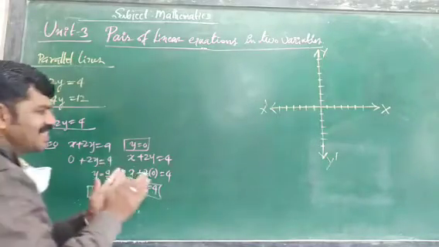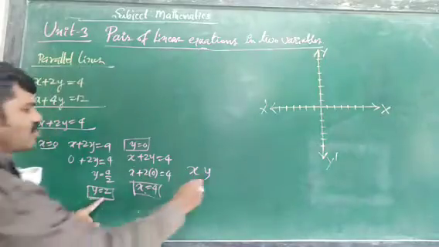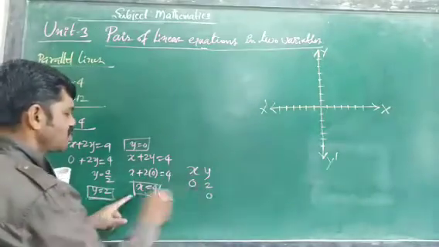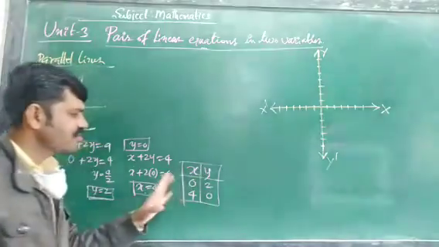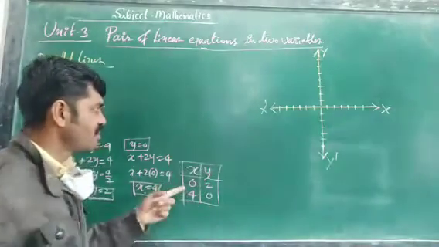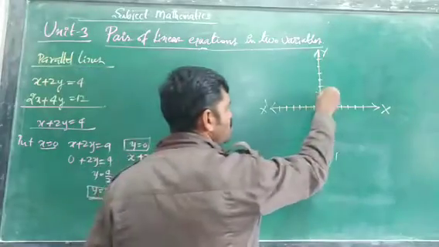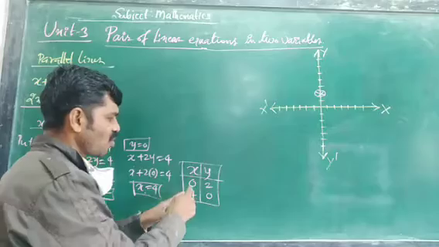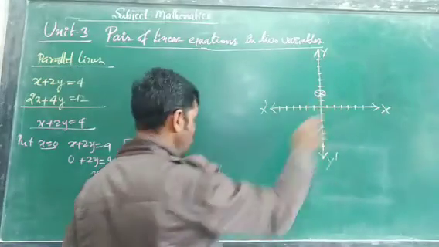We are going to write this in a table. So when x is equal to 0 is given, 2 came. When y is equal to 0, 4 we have obtained. See, we are going to represent these values in the graph. When x is equal to 0, y is equal to 2. This is the point. When x is equal to 4, 1, 2, 3, 4, and y is equal to 0 we have.